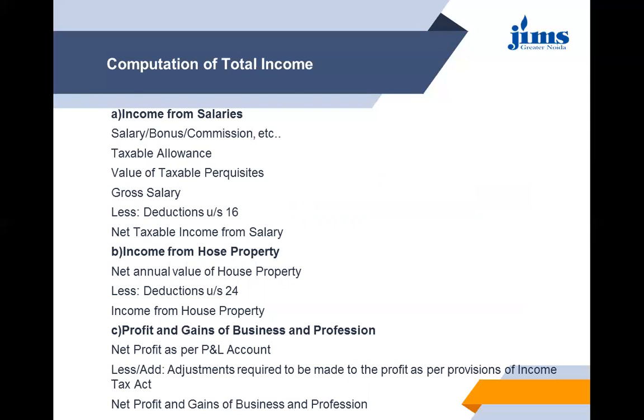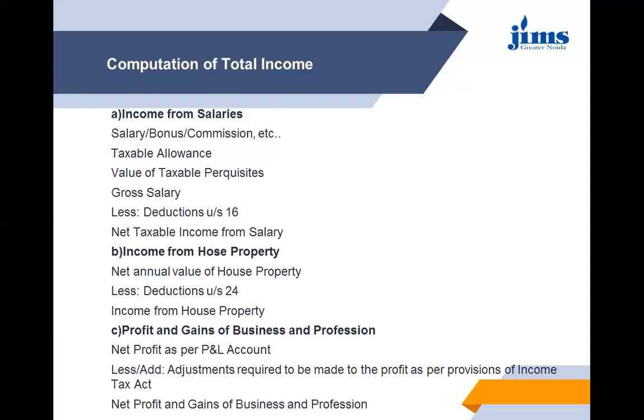So all the deductions which are permissible under sections 80C to 80U, after deducting those, it is known as your total income. So this is your total income, which is computed after calculating the incomes under these five heads and allowing a few deductions under sections 80C to 80U. That is your taxable income.